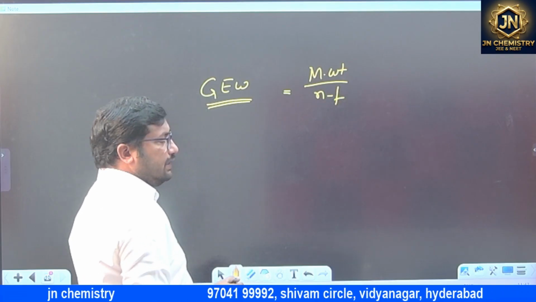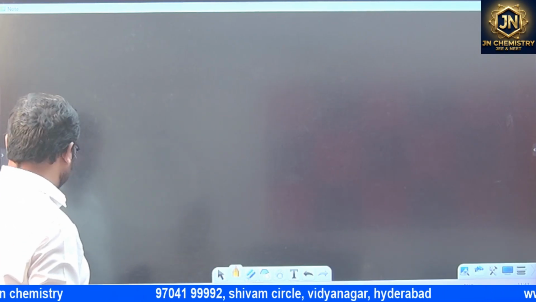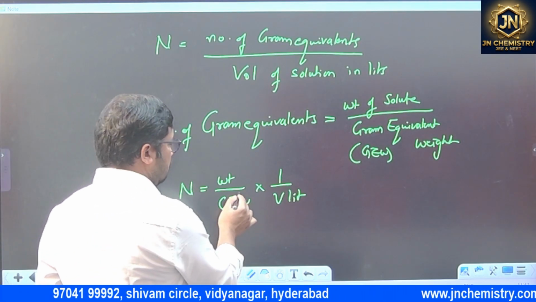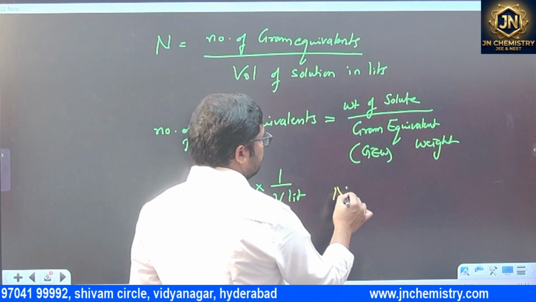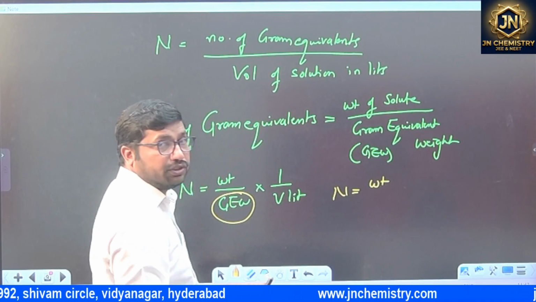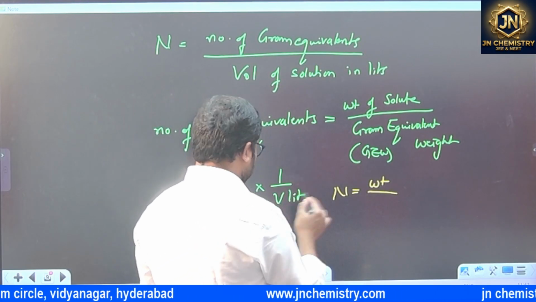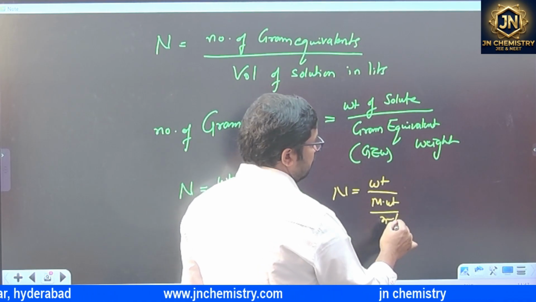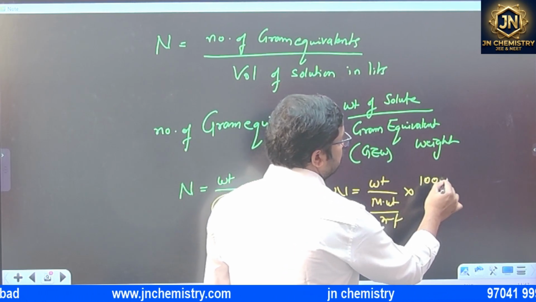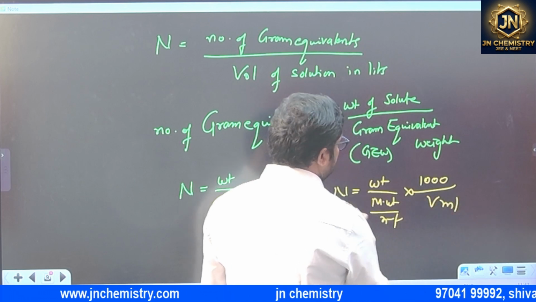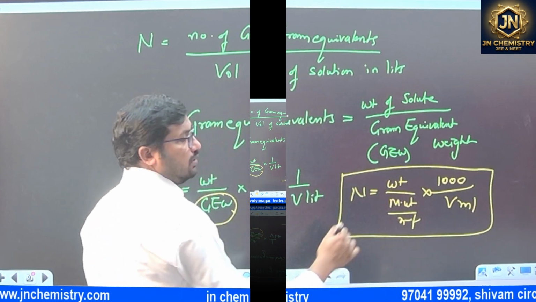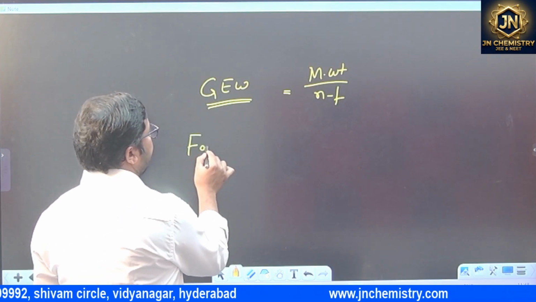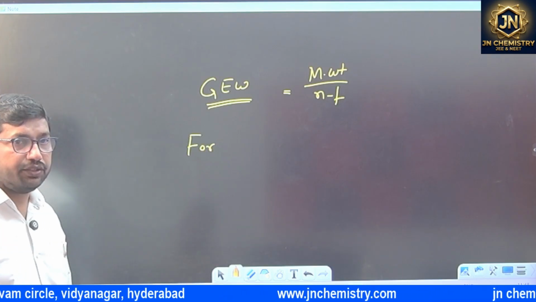In this case, we can replace normality, which is weight of the given solution by gram equivalent weight, equals molecular weight by N factor into 1000 upon V in ml. Write this formula. N factor is different for acids, bases, salts, and oxidizing and reducing agents.